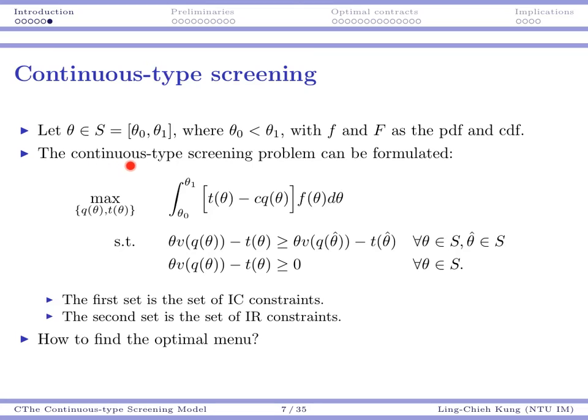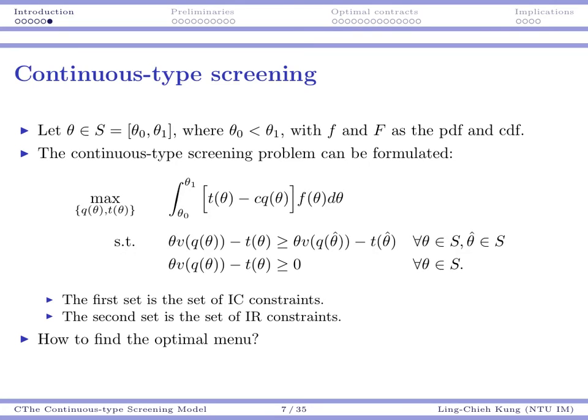Then our continuous type screening problem can be formulated in this way. First is the objective function. Even though now you are looking at an integral with some PDF here, this is trying to calculate the expected profit of the seller. Okay, because you have so many different types of consumers. Each type is going to be induced to select the contract that is intended for him.